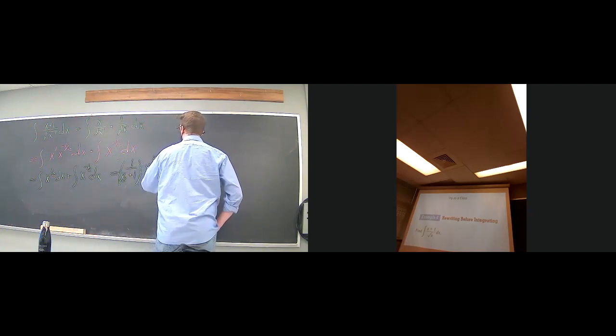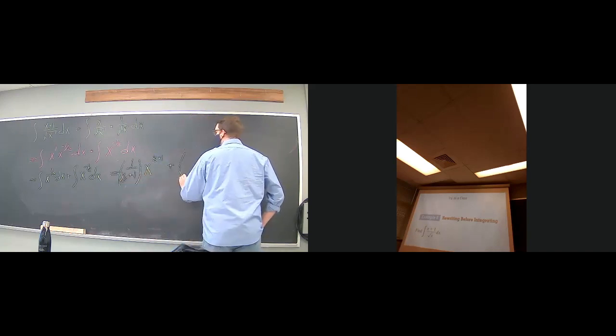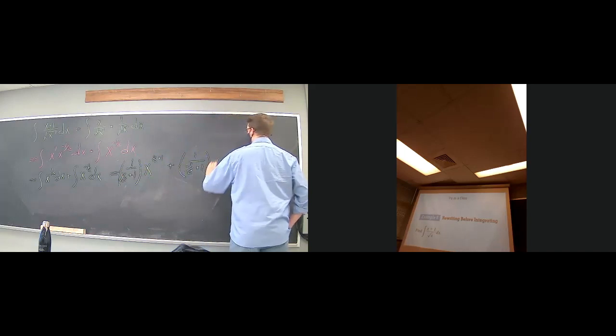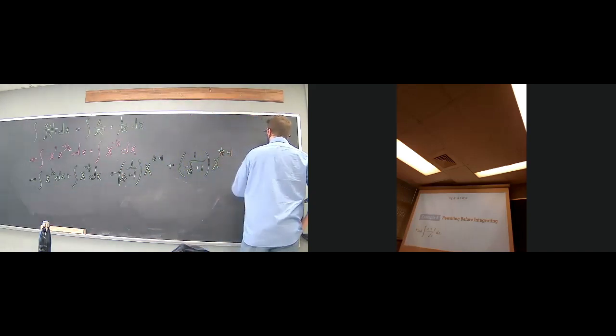That's going to give us 1 over n plus 1, right? 1/2 plus 1 times x to the 1/2 plus 1, plus, here our n is negative 1/2, so 1 over negative 1/2 plus 1 times x to the negative 1/2 plus 1, all plus c, right?